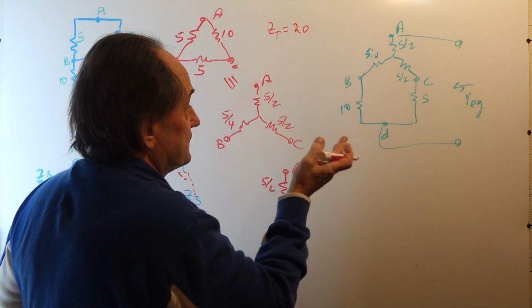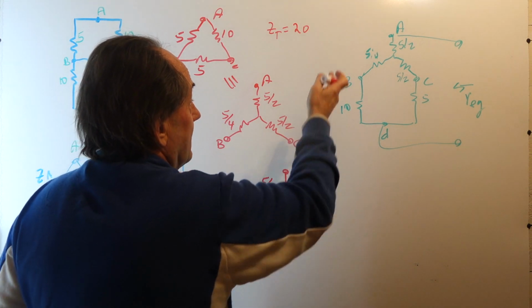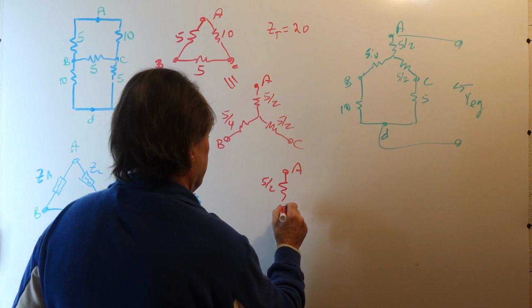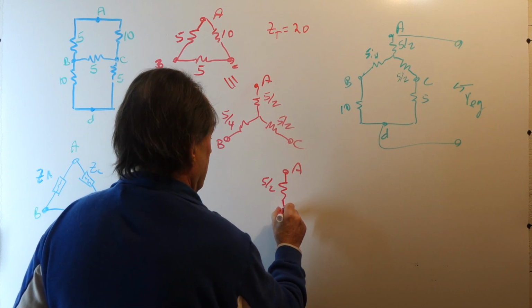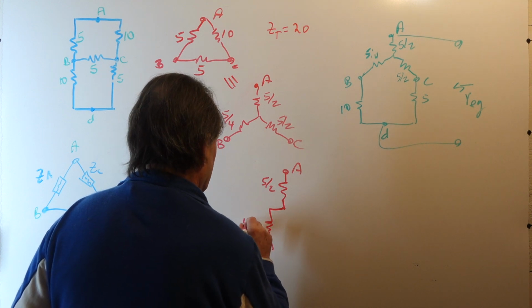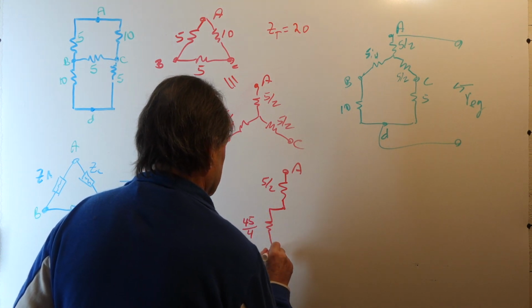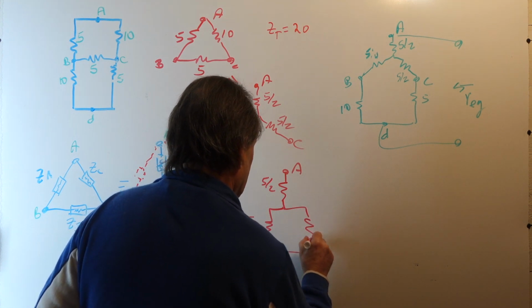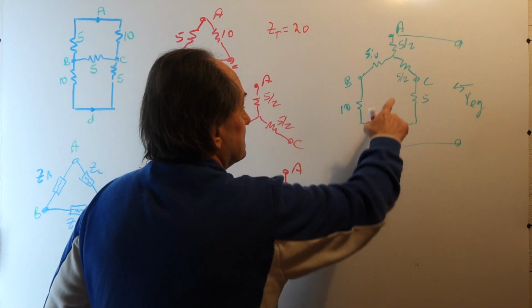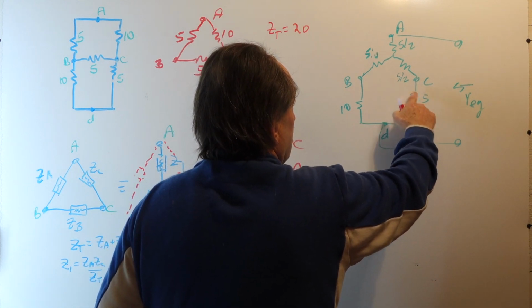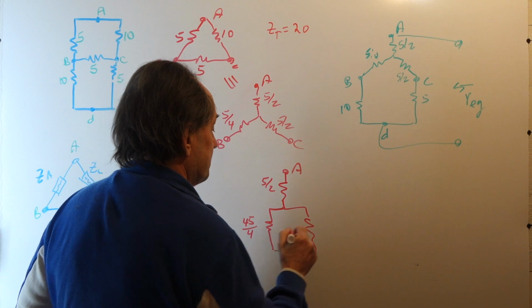Well, 10 is 40/4, so 40 plus 5 is 45/4. So I now have a branch here. This is 45/4. And then we're going to come to D. Now this branch is 5 halves plus 5. Well, 5 is 10 halves plus 5 halves, which is 15 halves.